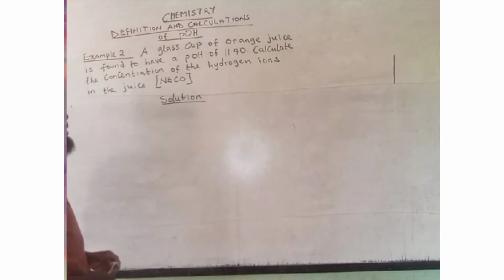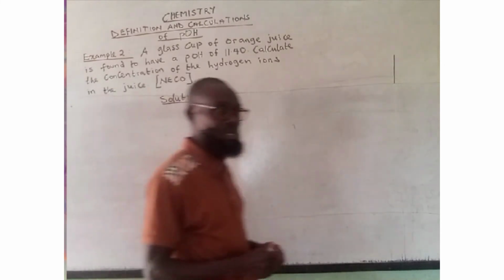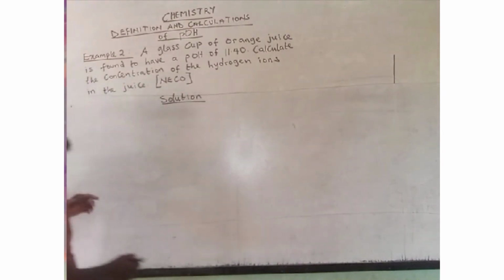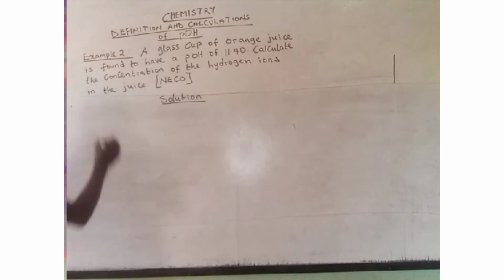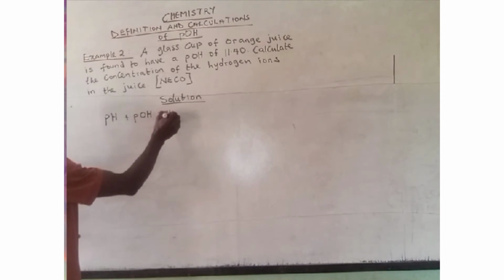Now, example 2. The question reads thus: a glass cup of orange juice is found to have a pOH of 11.40. Calculate the concentration of the hydrogen ions in the juice. And this is a NECO question, one of the exams in Nigeria. Now, if you could recall, in our previous formula, we have that pH plus pOH is equal to 14.